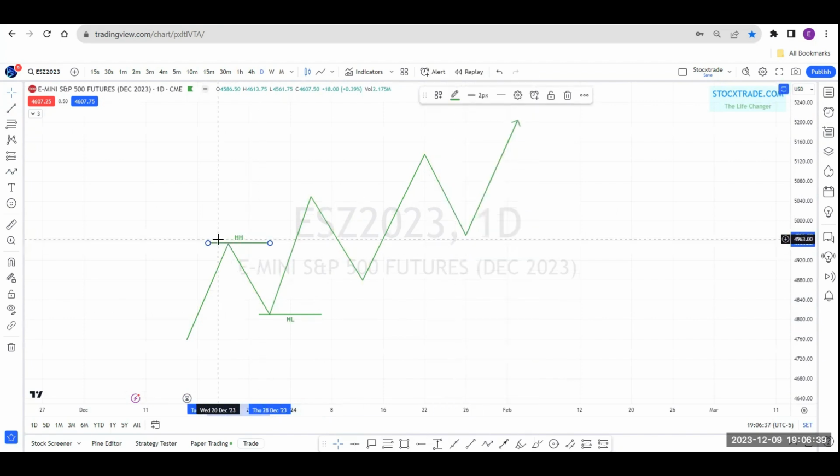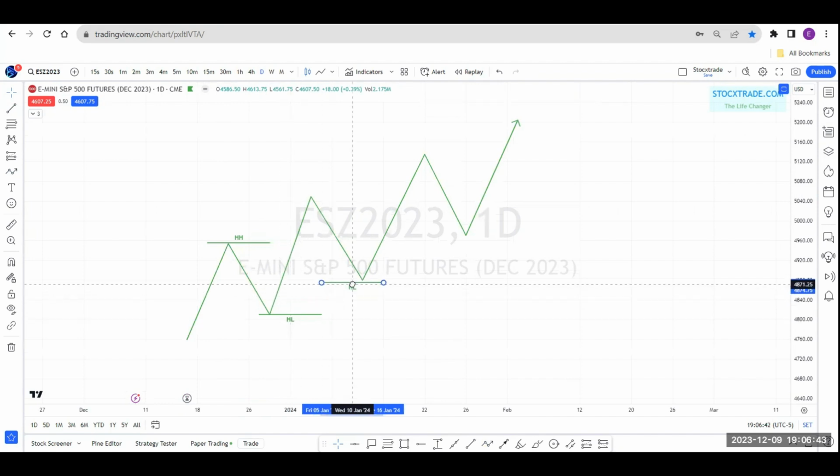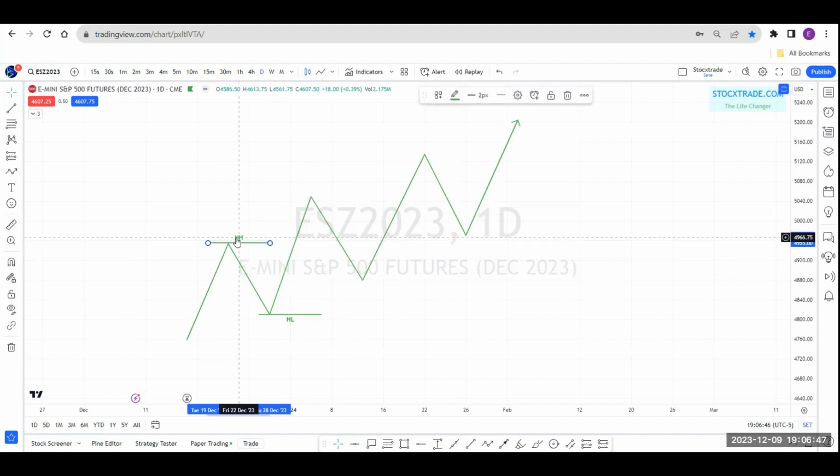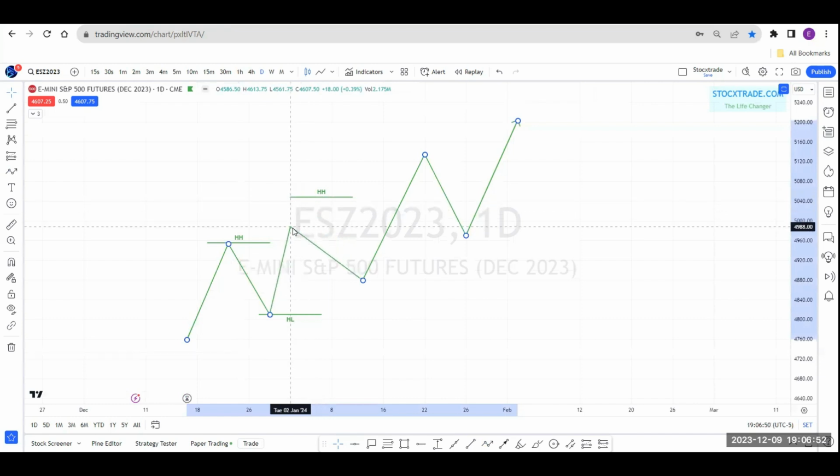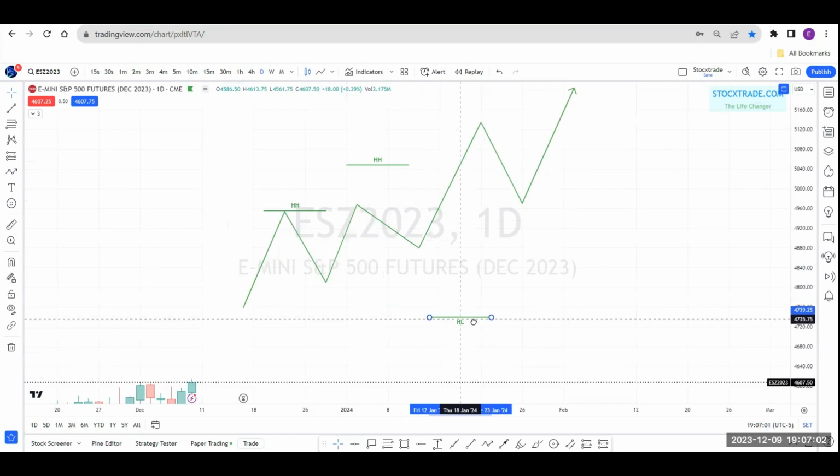Okay, then again this, so sorry, before this, so once the price will break this higher high, so here, then I can say this high low has been confirmed. Okay, before that this high low is not confirmed.